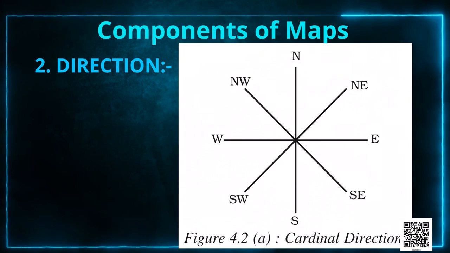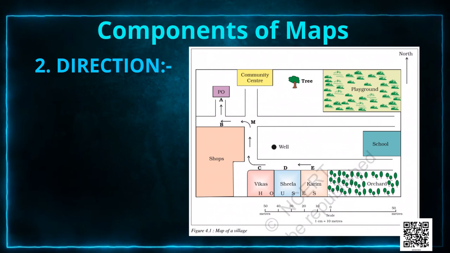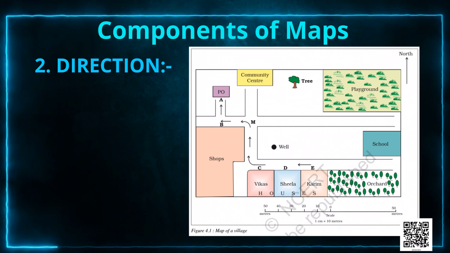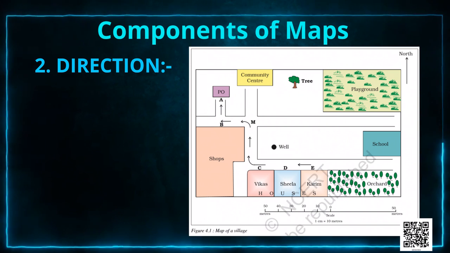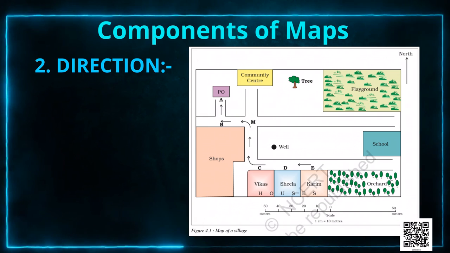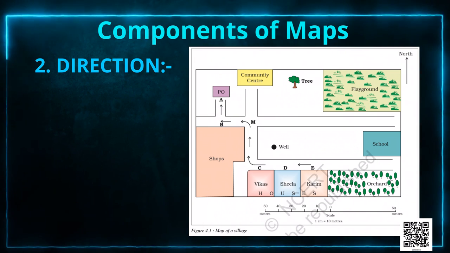So students, find out the following directions from the figure 4.1. The direction of the community center. The playground from Vikas House. So, you see here, this is Vikas House and this is community center.